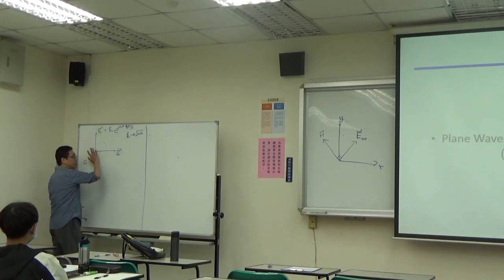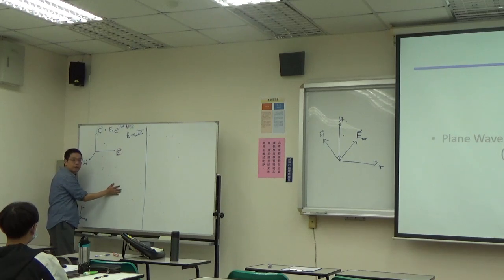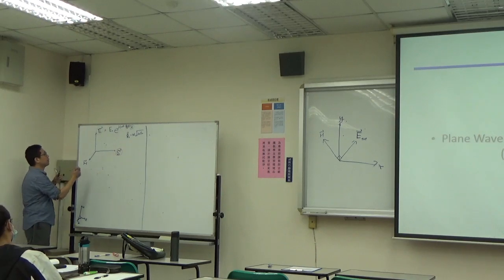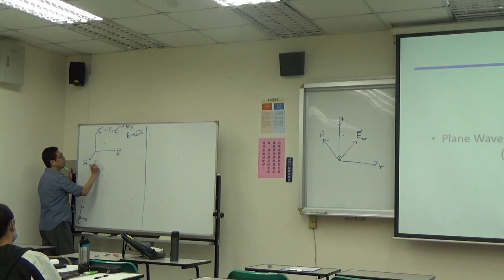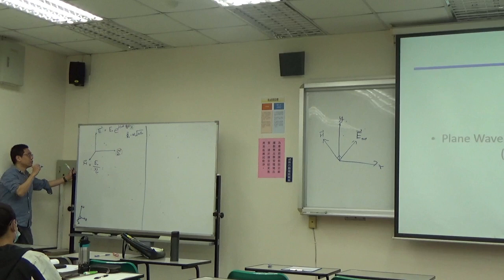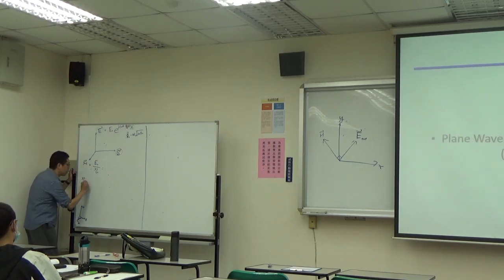If this material is air, H equals E0 divided by eta, and eta is the square root of mu 0 over epsilon 0, equal to 377 ohms, right?